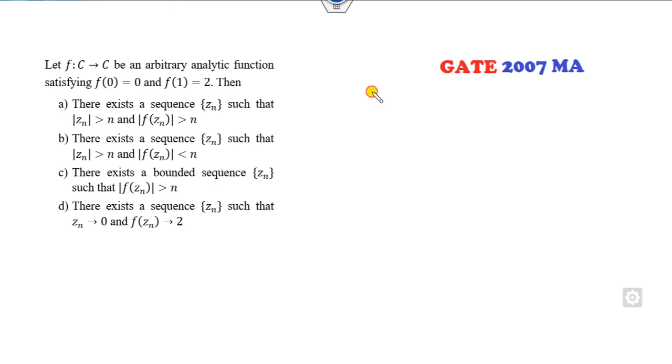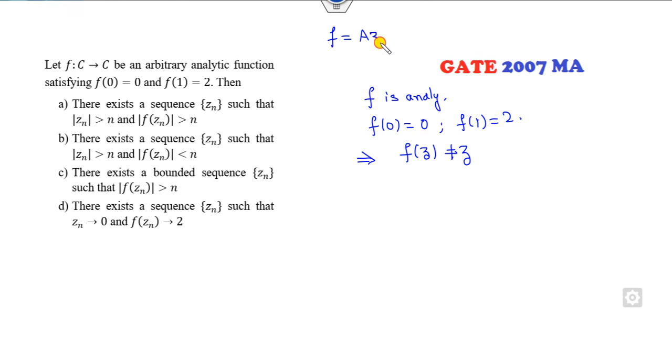Okay, f is an analytic function, f of 0 is 0, f of 1 is 2. What does this mean? Clearly f of z is not equal to z. Can you find the curve fitting? If I choose f as az plus b, f of 0 equals 0 means b is equal to 0.